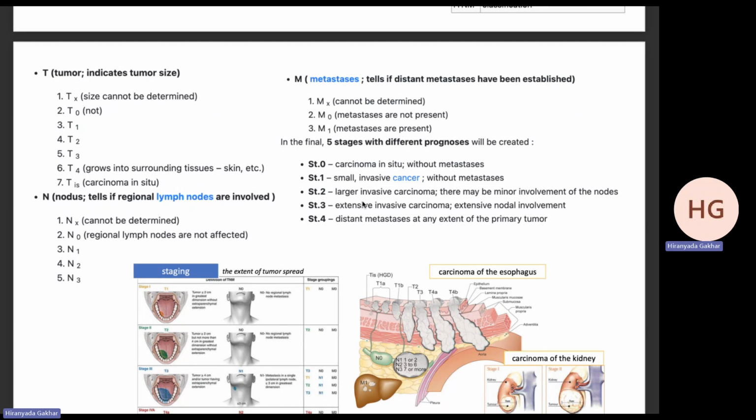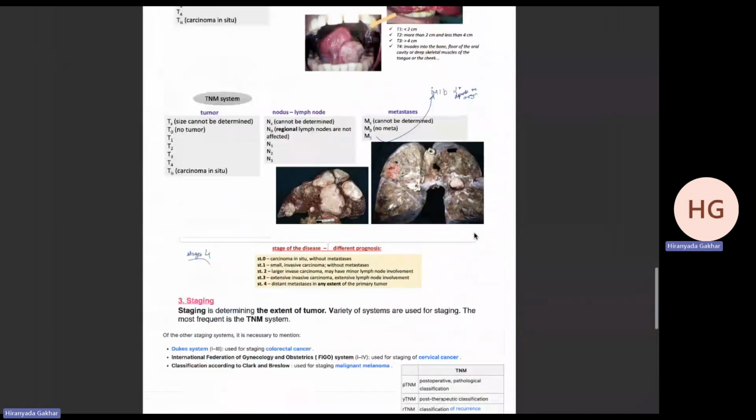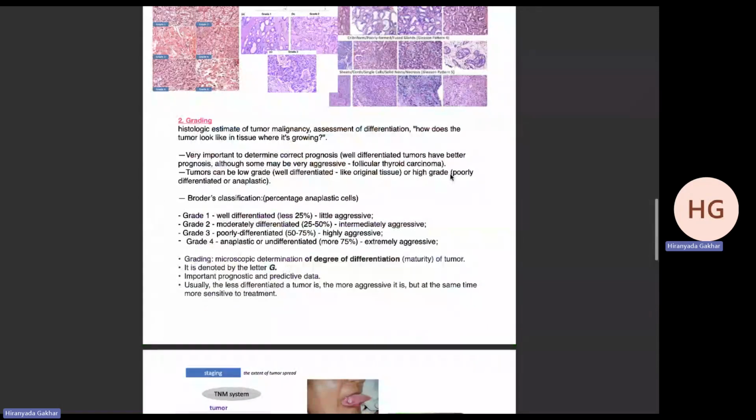Stage 2 is a large invasive cancer with nodes involvement. And stage 3 is extensive invasive carcinoma with extensive node involvement. And stage 4 is characterized by distant metastasis of the primary tumor. So this is about the staging with the TNM system.